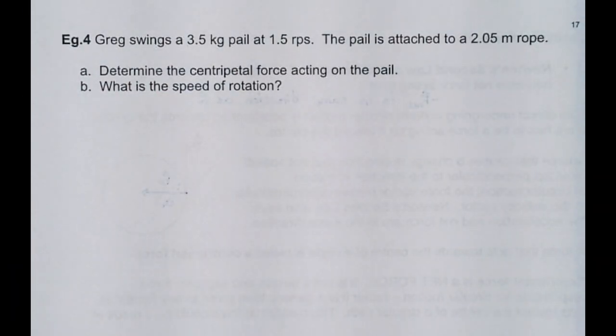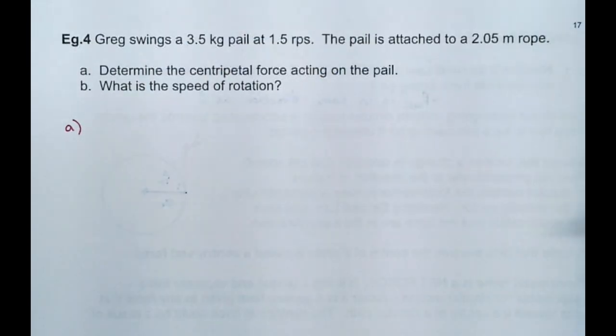So let's solve a problem using centripetal force. In this example, Greg swings a 3.5 kilogram pail at 1.5 RPS. The pail is attached to a 2.05 meter rope. Our first part, or part A, wants us to determine the centripetal force acting on the pail.